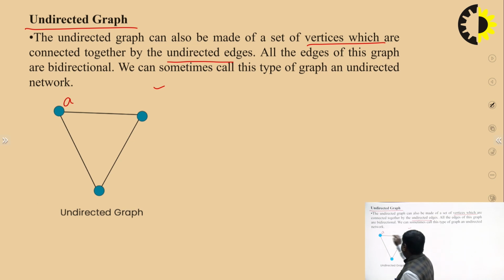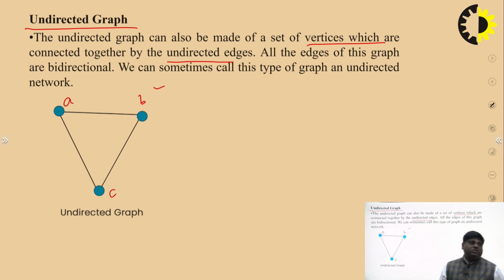For suppose A and B: A is related to B and B is also related to A. It means no direction is given on any edge, and such a type of graph is known as an undirected graph.